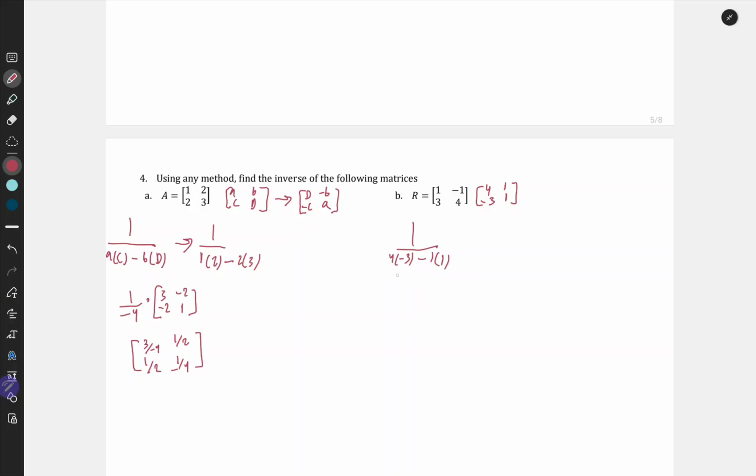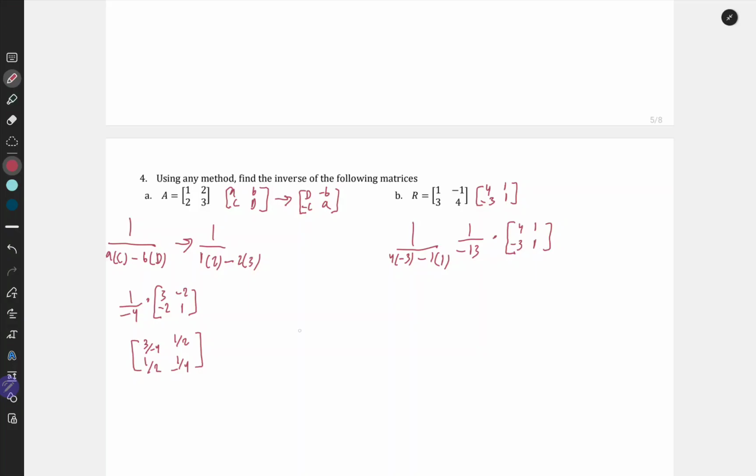Now all we have to do is 4 plus 3, so 1 over 7. Yes, that is what we are left with, and now we have to multiply this to the inverse that we just mentioned.